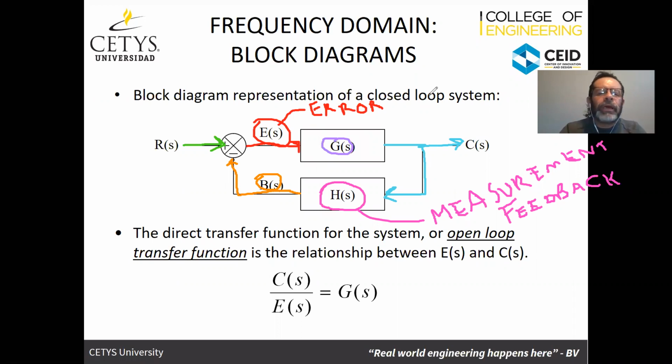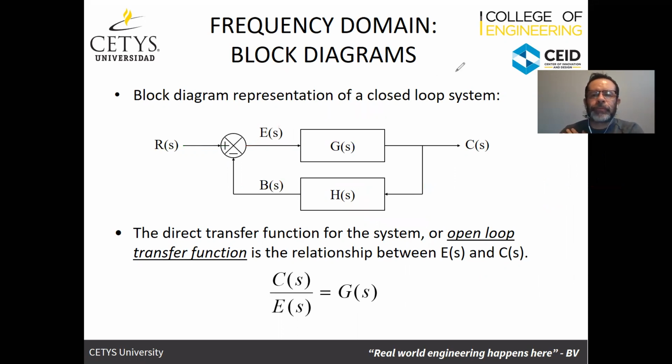Okay. Now, let's try to find a mathematical expression that's going to help us represent this general idea. The direct transfer function, or the open loop transfer function, is the relationship between the error and the output, and that's given by G of S. And this is called the open loop transfer function.